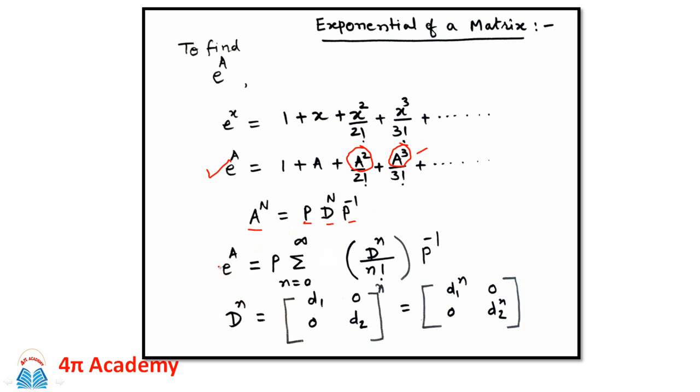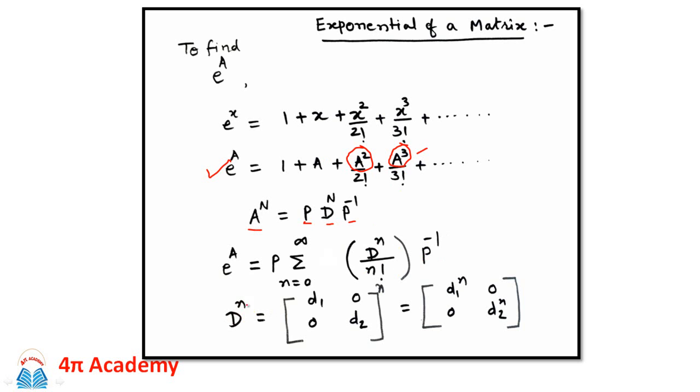So this e raised to power A will be equal to P into summation over n is equal to 0 to infinity. Here we can write down this expansion as D raised to power n upon n factorial into P inverse.